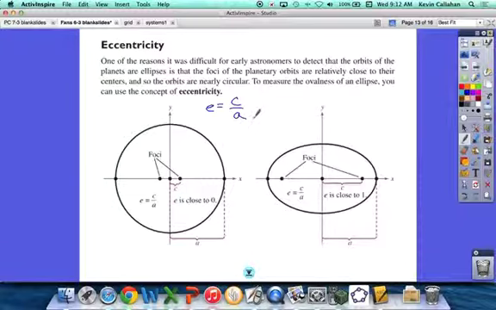If that is really, really small, that means the foci are really close to the center, and this is almost like a circle, right? If c is very big relative to a, then this number becomes closer and closer to 1, and the ellipse is much longer relative to how much it is in the other direction.